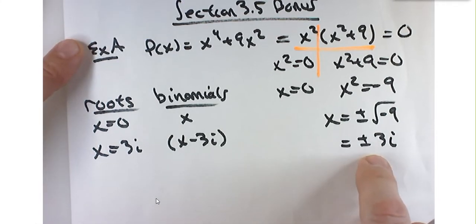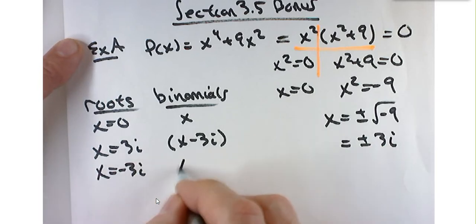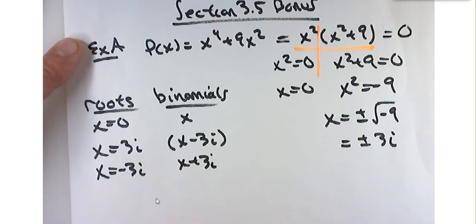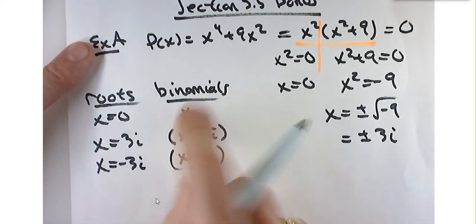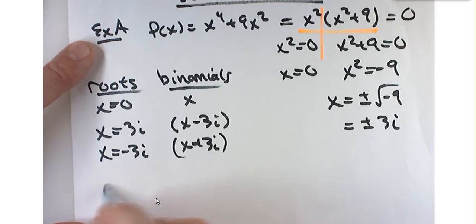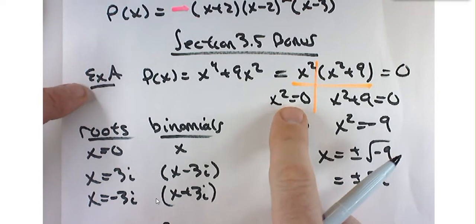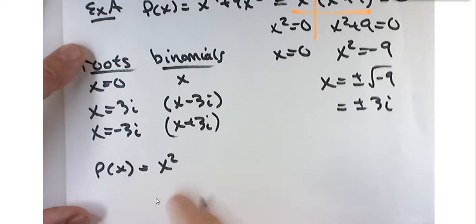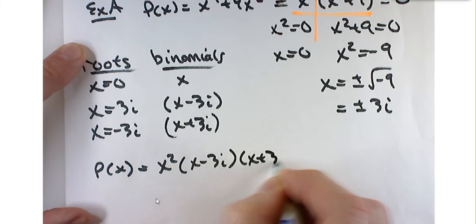We've got a root at negative 3i, x equals negative 3i. If I move that to the other side, then I get x plus 3i. That's another binomial. I can put these together along with the multiplicity there and come up with my factorization. P of x is x squared, because remember there's two roots of 0, and then x minus 3i and x plus 3i.